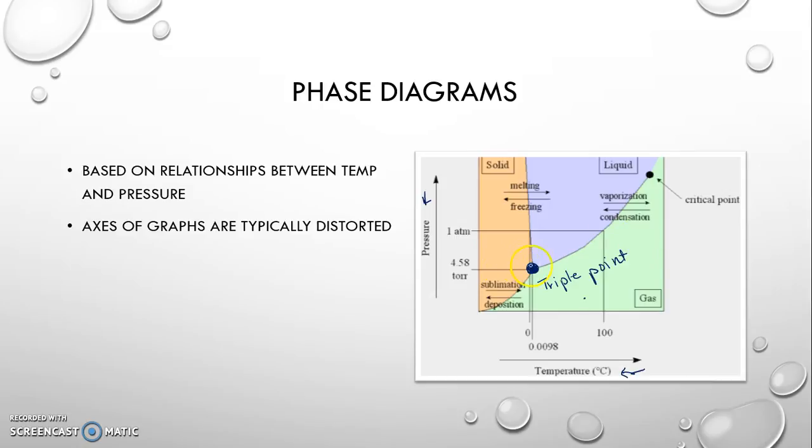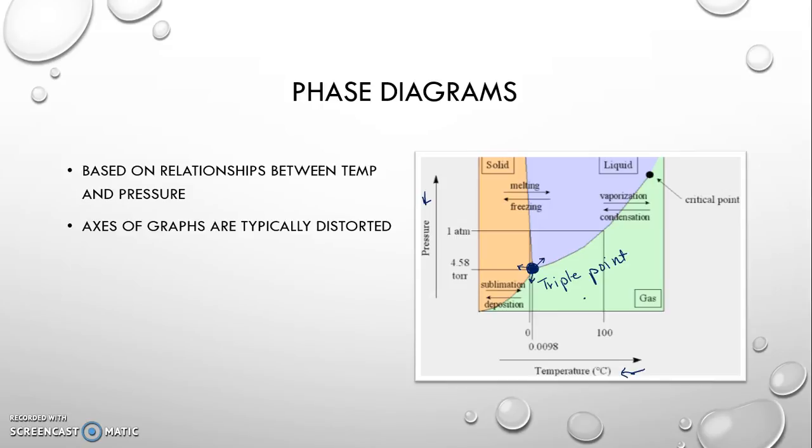If we were to lower the temperature, it would push it towards the solid. If we were to lower the pressure, it would push it towards the gas. And if we were to just raise them both a little bit, it would push it up into a liquid. So it's just kind of like that perfect spot where you can go in any of three directions and you would get a different state.